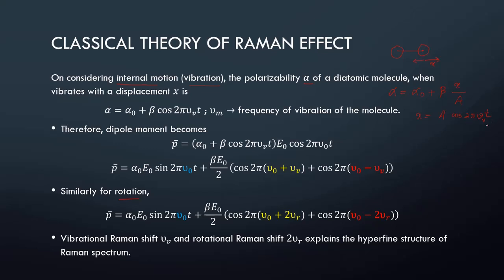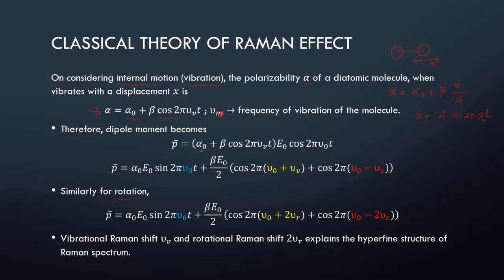On substituting this, we can see that the polarizability changes as alpha 0 plus beta, which is a constant, into cosine of 2 pi nu v t, where nu v is the frequency with which the molecule vibrates.